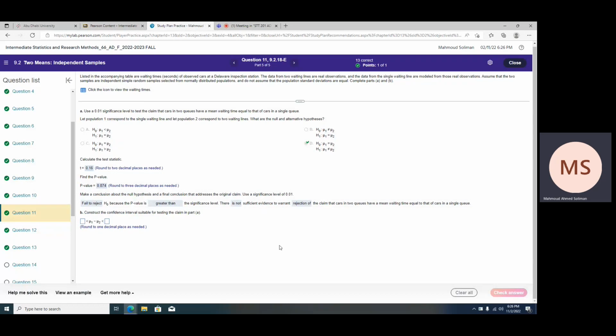H0 means they're the same. We fail to reject it because the p-value is greater than alpha. That means we don't have sufficient evidence to reject the claim.